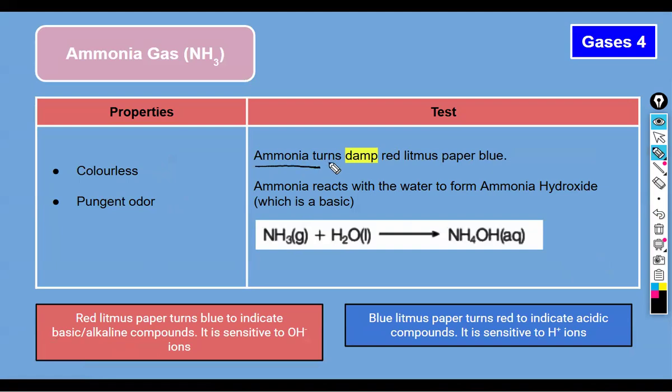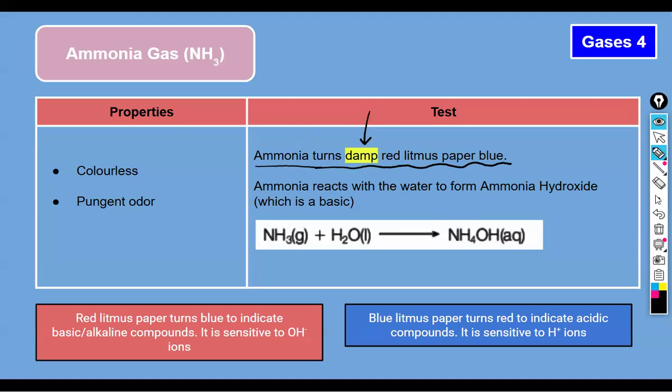So here's the thing. Ammonia turns damp red litmus paper blue. Now, you have to use the word damp. When you're using the red litmus paper, you have to make sure the red litmus paper is a little wet first. Otherwise, it will not turn blue. That indicates what?